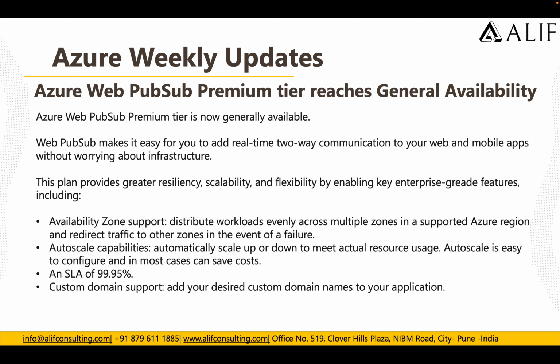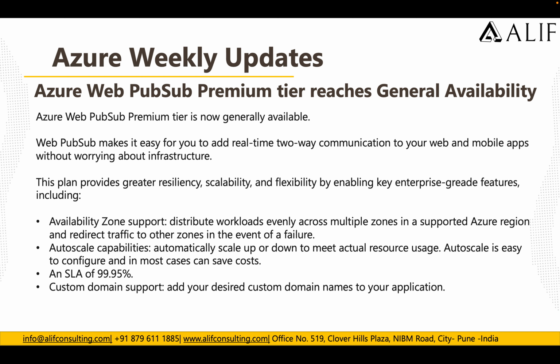The next update which we have is for Azure Web PubSub. The premium tier is now generally available. As we know, PubSub makes it easy for us to add real-time two-way communication to our web and mobile apps without worrying about the infrastructure.